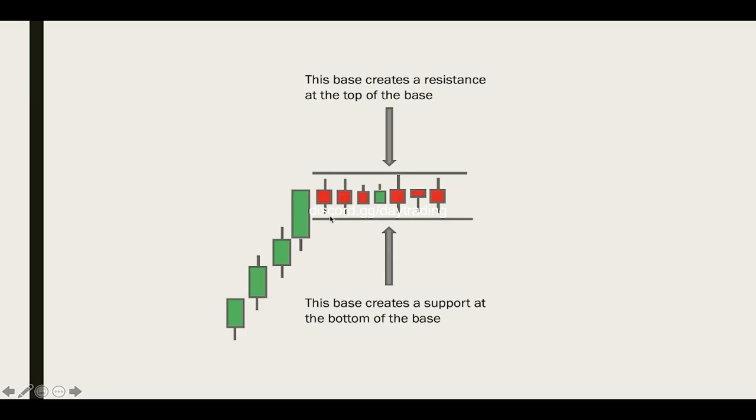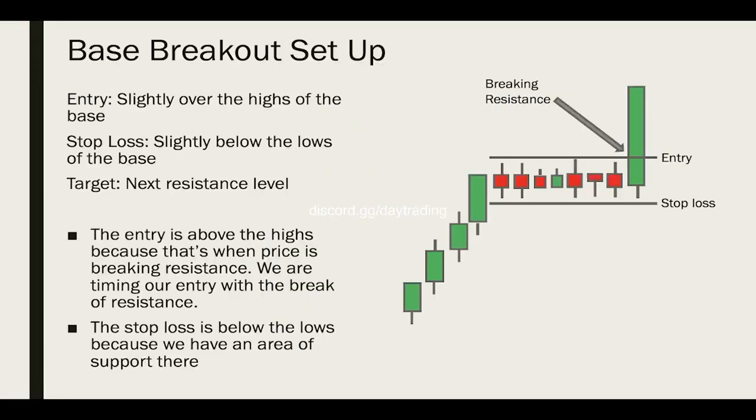The same thing happens at the lows. The candlesticks are respecting the lows of the base, and that's going to be support. So if you ever see a base like this, over the highs of the base we have an area of resistance, and under the lows of the base we have an area of support.